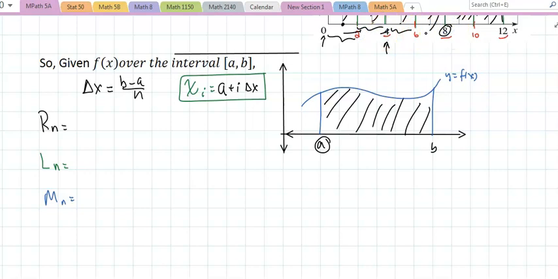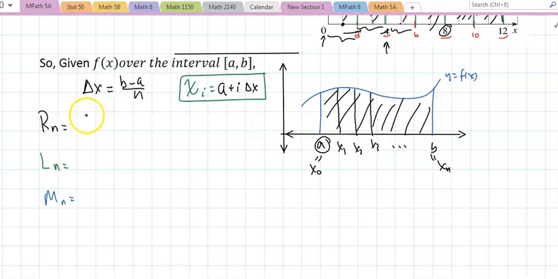That's the 8. The right-hand approximation, if I was to call this x sub 0 and this x sub n, and if I was to call this x sub 1, I'm just summarizing what we're doing. X sub 2, x sub 3, all the way down.